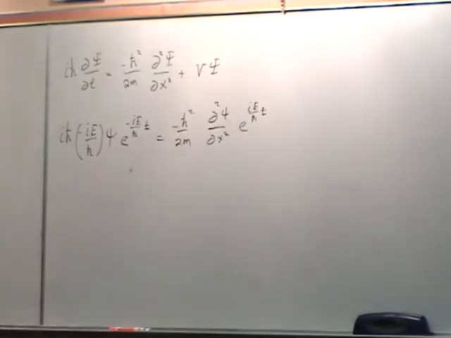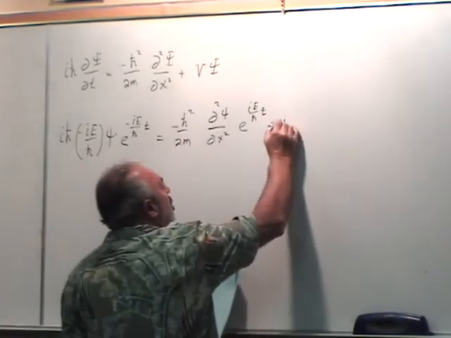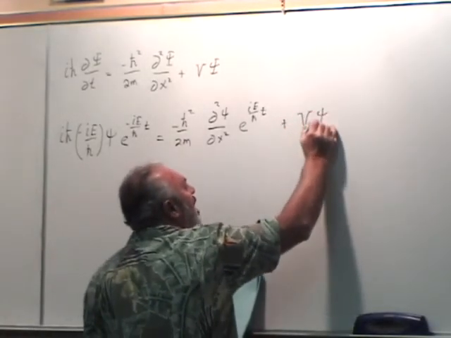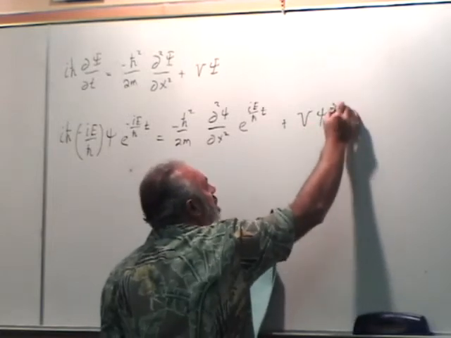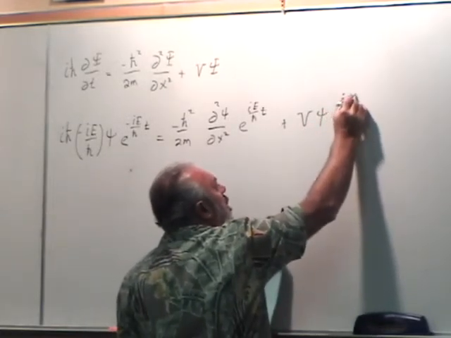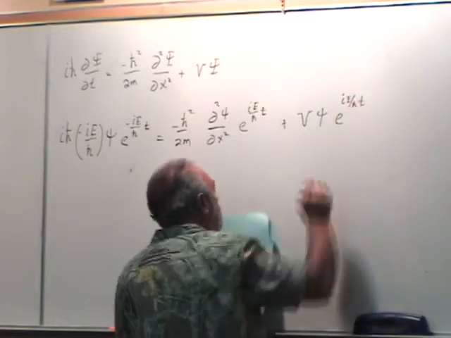I differentiate with respect to space and not time at this location. And then finally, I have plus V psi e, the same old thing, to the minus iEt over h bar.